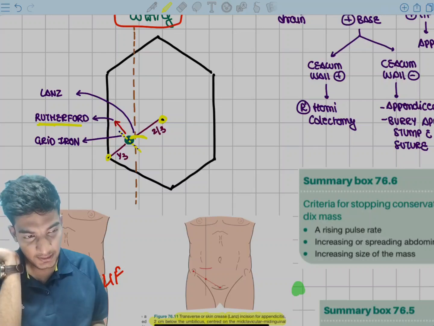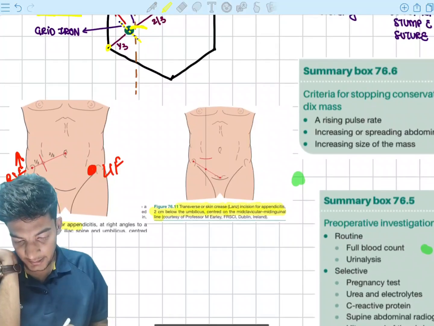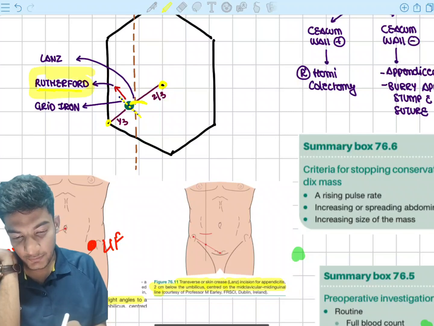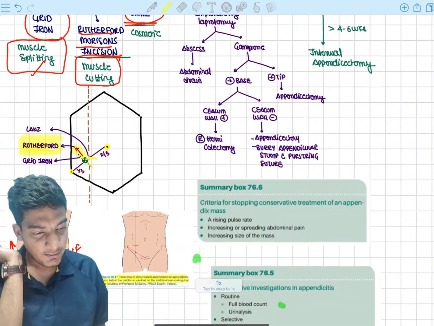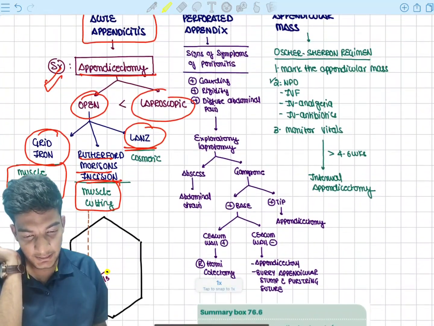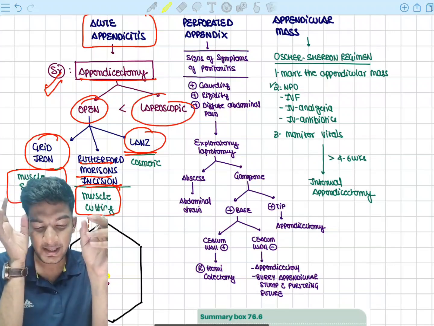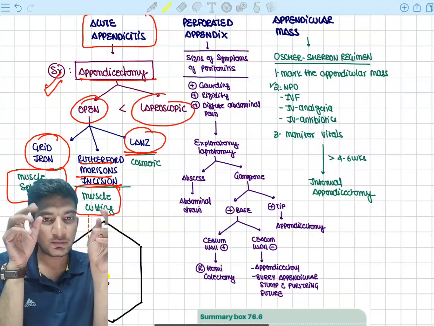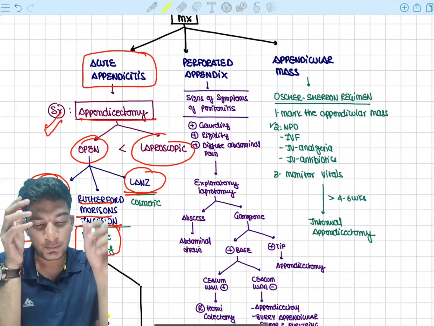And here is the grid iron incision, at right angles to the appendix line, perpendicular, and the Rutherford Morrison incision is shown here. So basically you have to remember the three types of incision: Lanz, grid iron, and Rutherford. The grid iron is muscle splitting, the Rutherford is muscle cutting, and the Lanz is for cosmetic purposes.